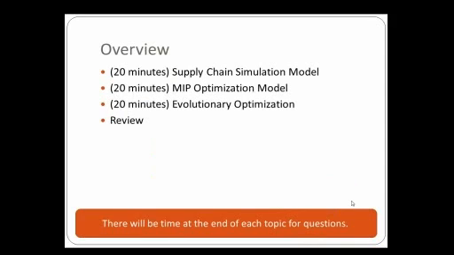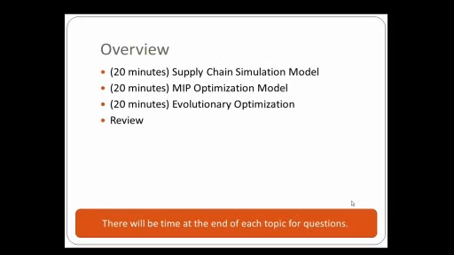Here's what we'll do today. In order to look at how optimization can be used in a simulation model, the best way to do it is through an example. So we'll spend about 20 minutes looking at the supply chain model that I built. It's just a basic discrete event supply chain model. We'll look at the ins and outs of it, and then we'll spend about 20 minutes on the mixed integer programming model that I've incorporated into the simulation model.